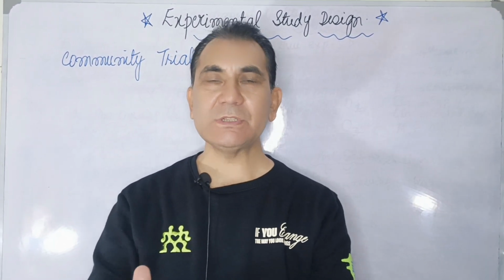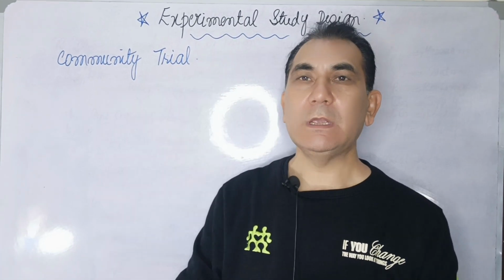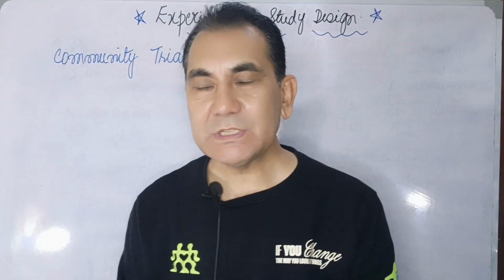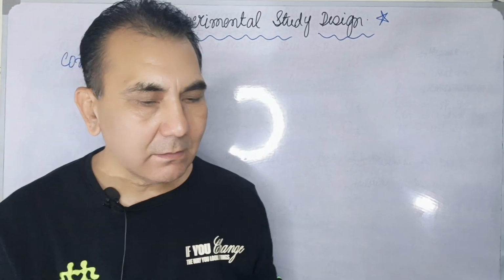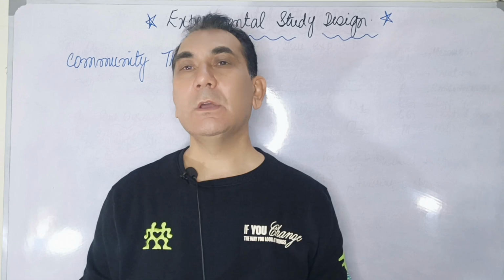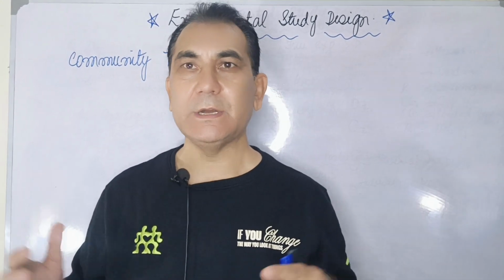And in this session we will learn about the third type of the experimental study design, which is called the community trial. This experimental study design is mostly used in the community setup, in the field setup.